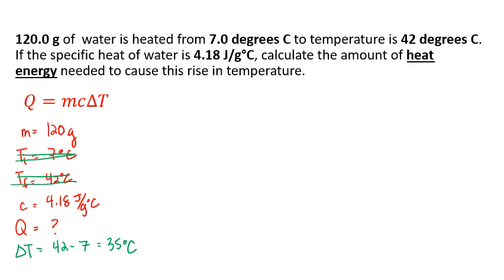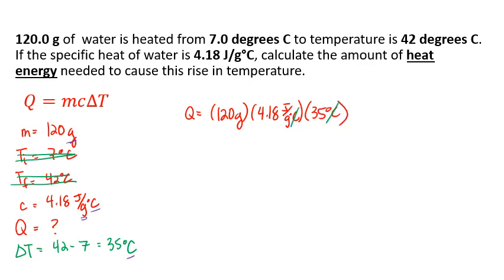Next thing is that we need to check units. We have Celsius here and Celsius here, so that's fine. Grams here and grams here, that's fine. Now we just need to plug it into our equation. So Q equals the mass of 120 grams times 4.18 joules divided by grams times degrees Celsius times 35 degrees Celsius.